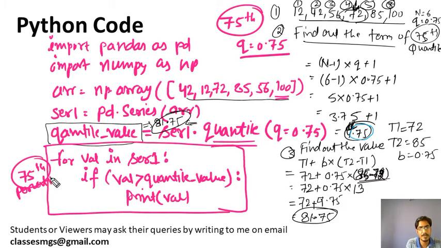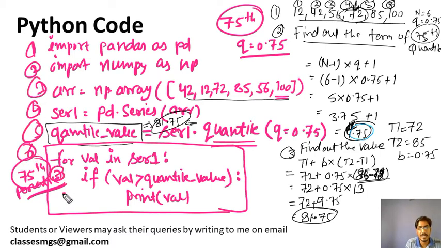So this is your actual practical. There are only seven or eight lines of code, but the explanation is very detailed so that you can understand the concept. Remember this value.